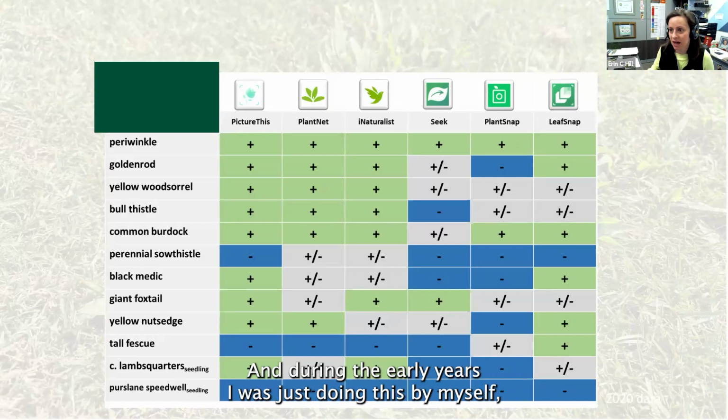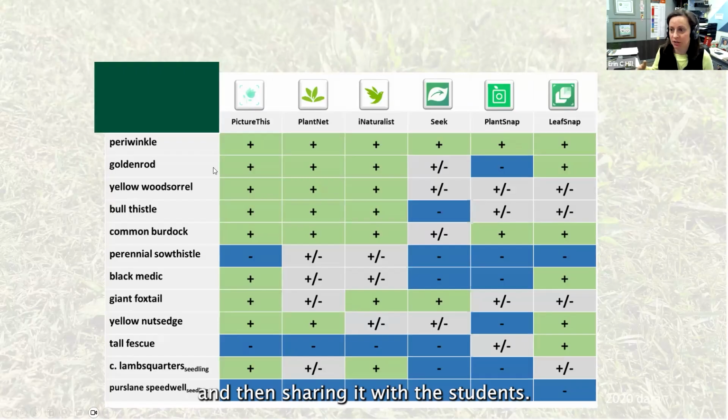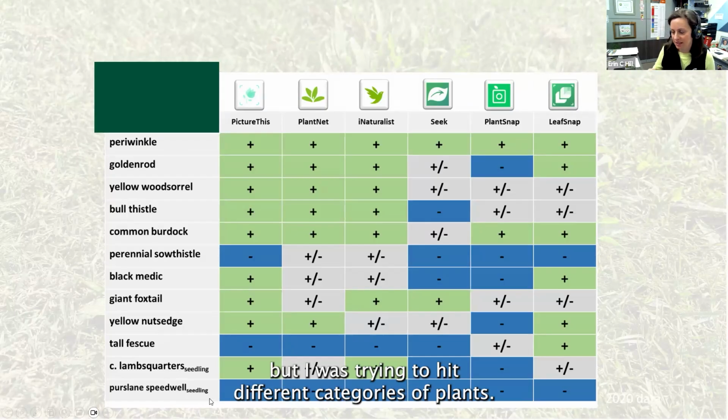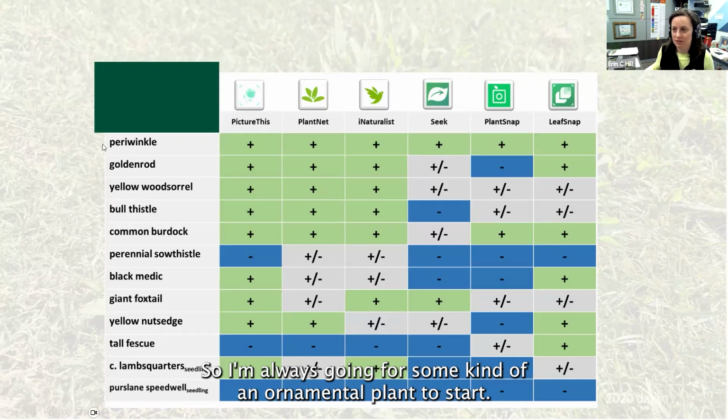And then this is what I generated during the early years of doing this test. During the early years, I was just doing this by myself and then sharing it with the students. The species that I picked over here, I'll go over in more detail later, but I was trying to hit different categories of plants. I'm always going for some kind of ornamental plant to start.